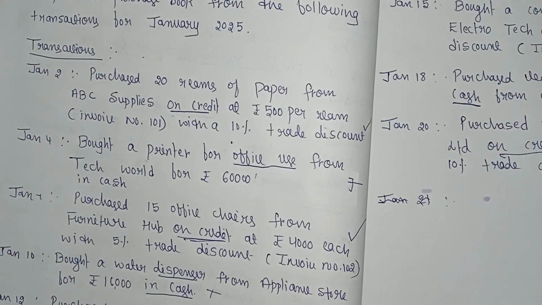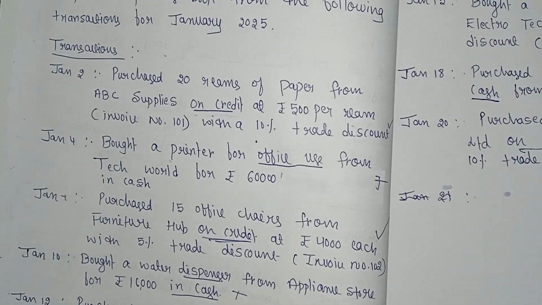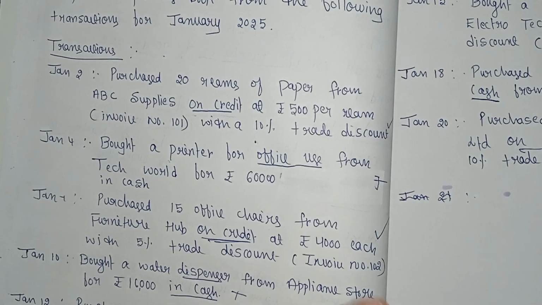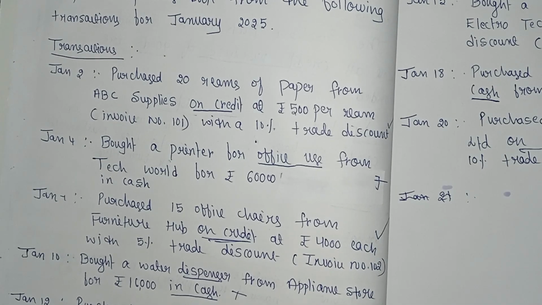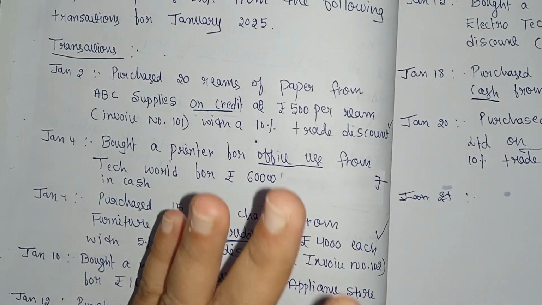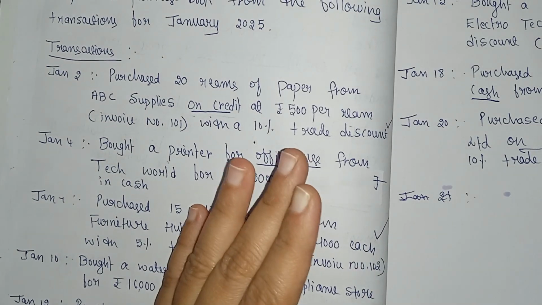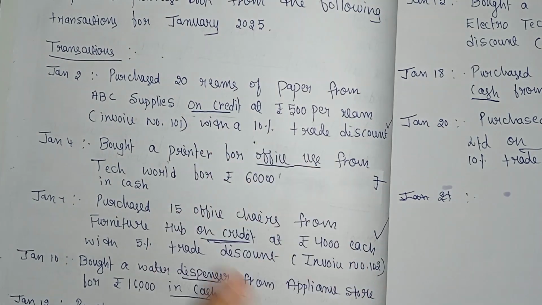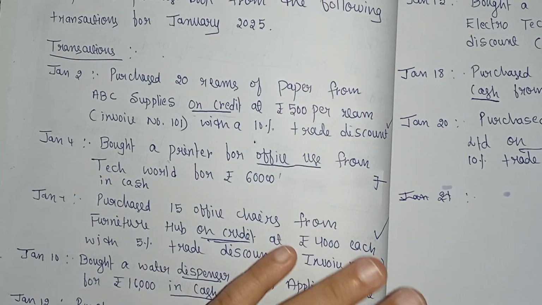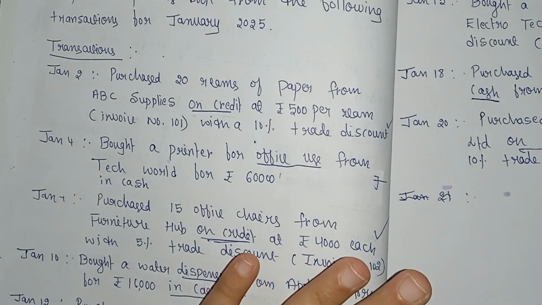When you are solving the purchase book problems, you have to remember two points. First, cash transactions will not be included. And if they purchase goods on credit but utilize those goods or inventory for office use, or in the ordinary course of business, it will not be included in the purchase book.